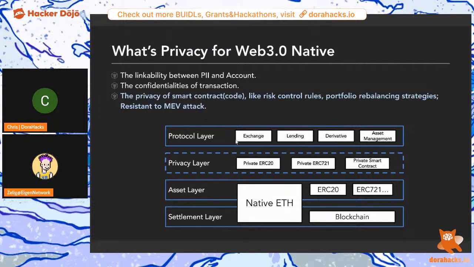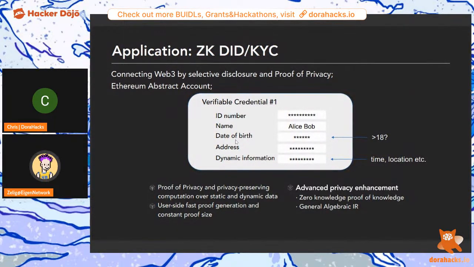The developers can design and launch the apps on the protocol layer. We can see many Web3 applications that urgently need privacy protection, such as DID or KYC. We can connect Web3 by selective disclosure with zero knowledge proof.